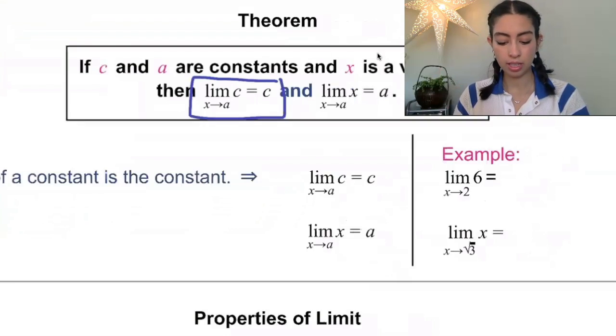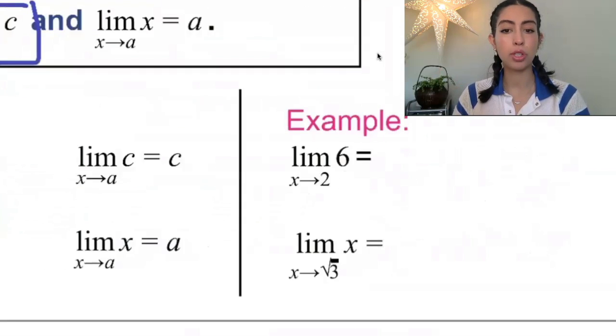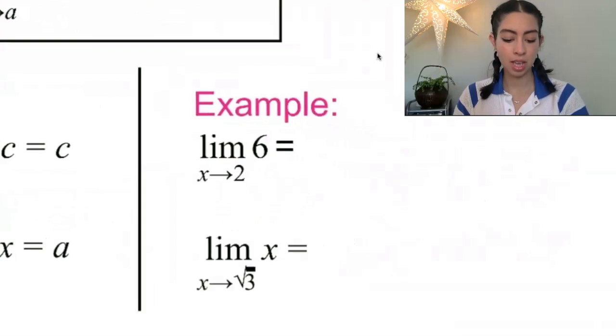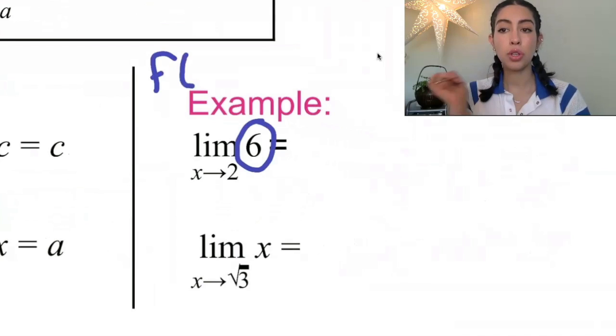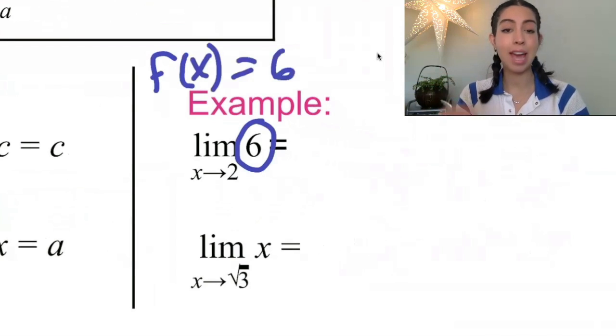So if we look at the example, the limit as x approaches 2 of 6, this is just the function f of x equal to 6, which is a horizontal line. So the limit as x approaches any number, doesn't matter what number we have here, of a constant function is going to be that constant number itself. So our limit here is going to equal 6.